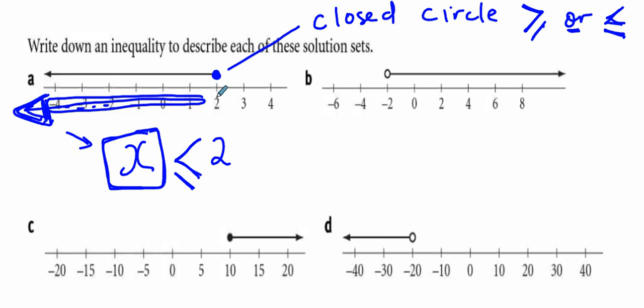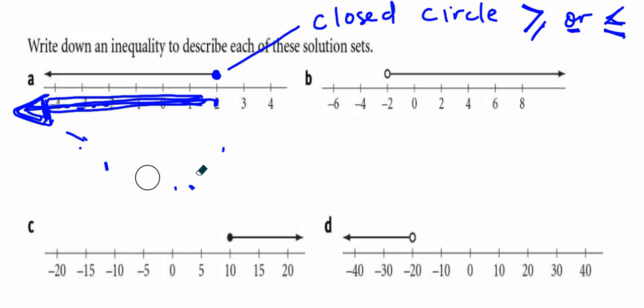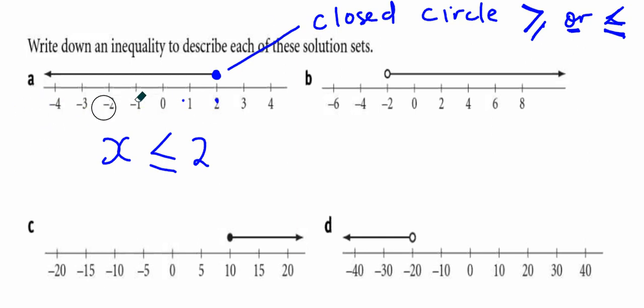So this is the inequality which we use. Here, the inequality which they're looking for is all numbers which are less than or equal to 2. Okay. I hope that helps. Let us move on.